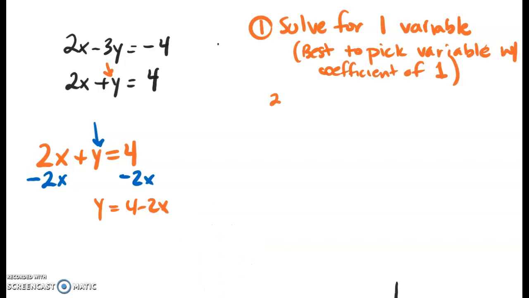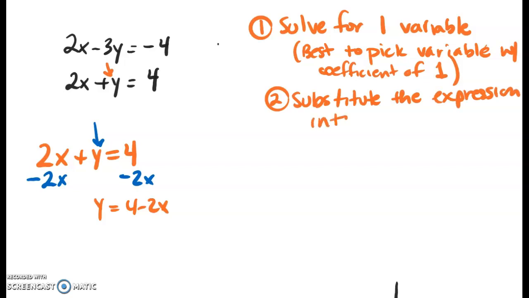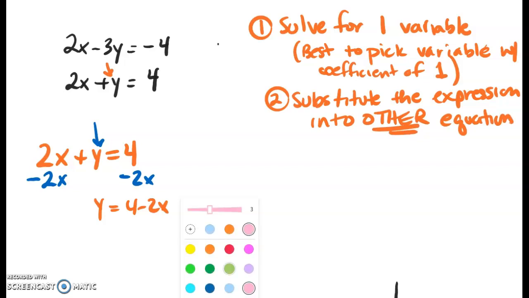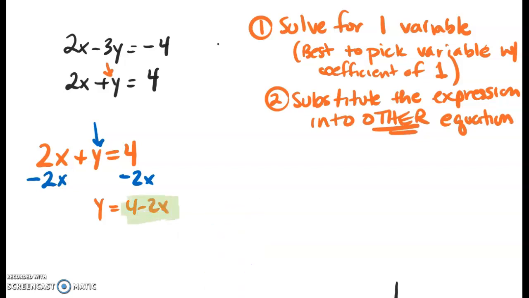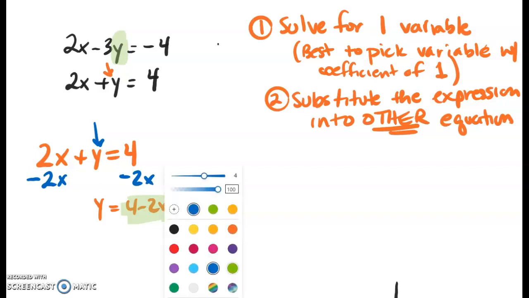And now I'm going to take that, and I'm going to go to the other equation. So let's write that down. I'm going to substitute the expression into the other equation for that variable. So I'm going to take this expression, and I'm going to go into the other equation, and I'm going to substitute it in for y.